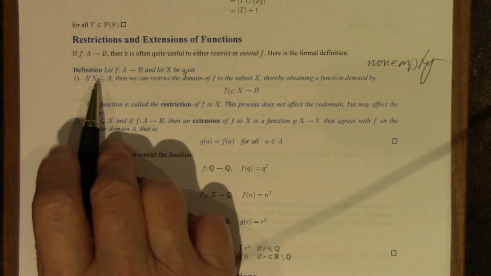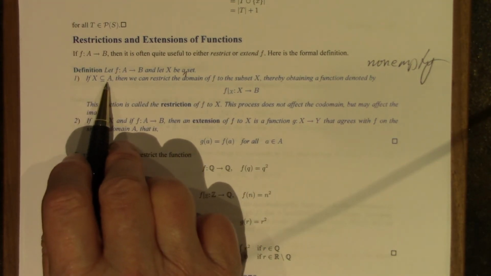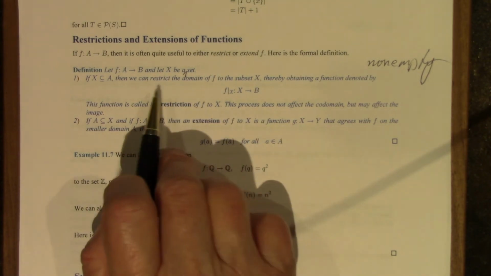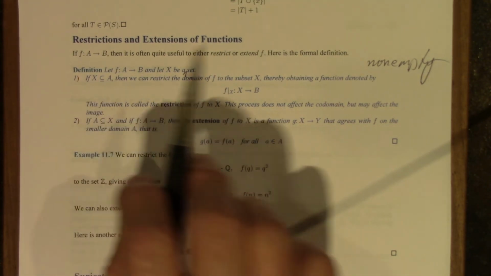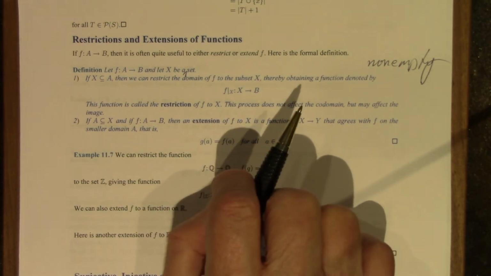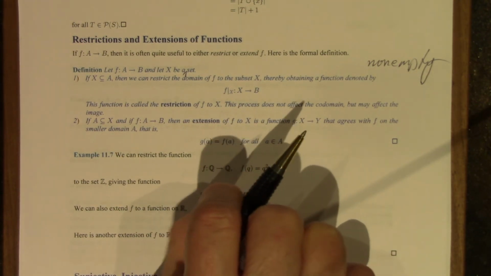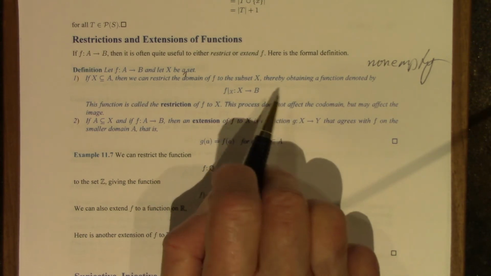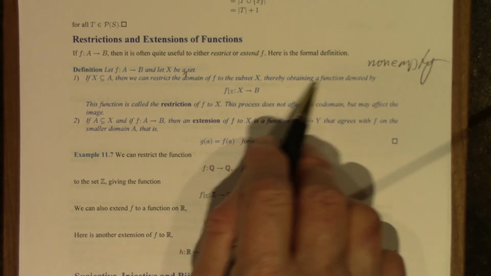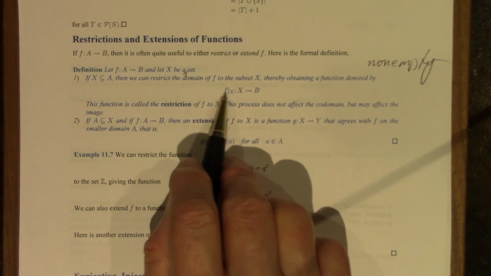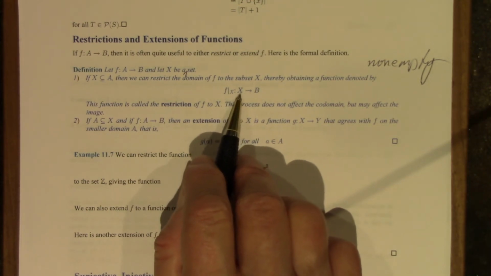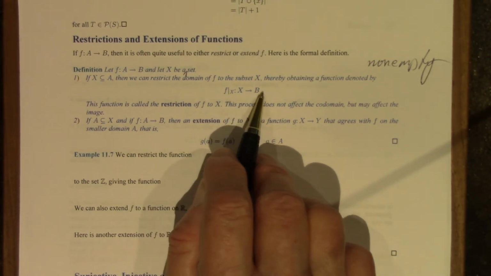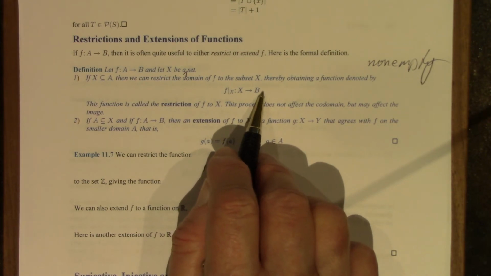If X is contained in the domain A, then we can restrict the domain of F to X. So we haven't changed the rule, we've just restricted it to the elements of X. And that gives us a function which is often denoted F vertical bar subscript X, mapping the new domain X to B, which was the original codomain.